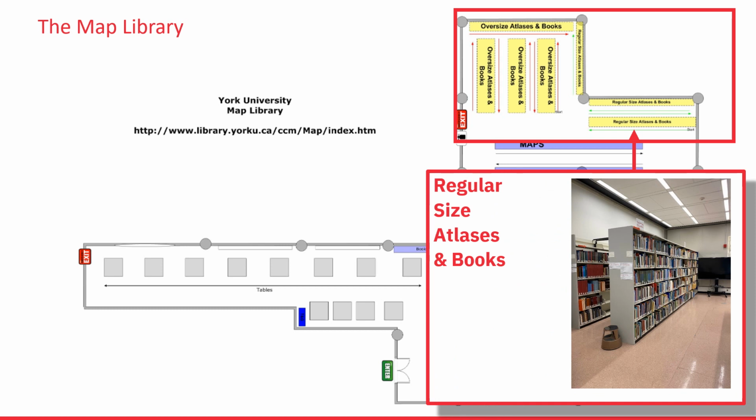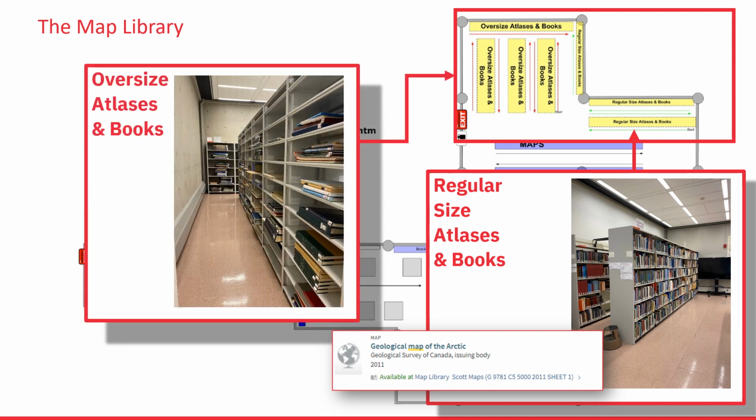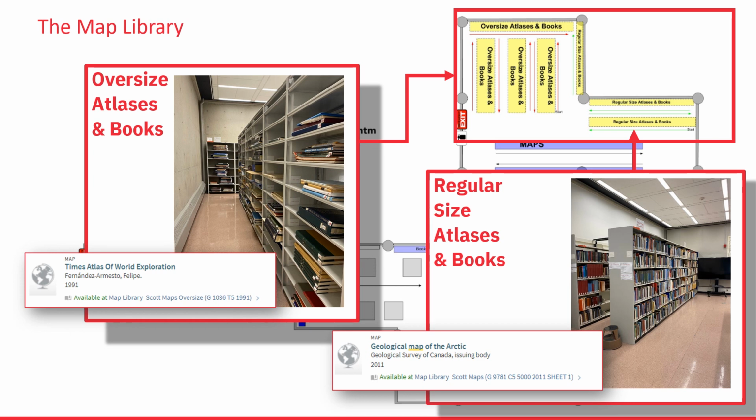These items are not qualified by any descriptors in Omni catalog records and just offer the call number. Also, we have oversized books and atlases, which are described in Omni beside the book's call number.